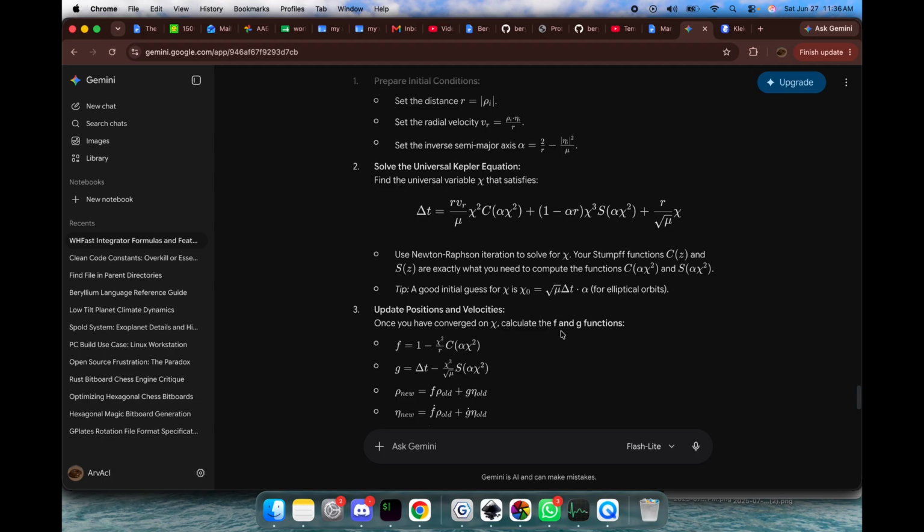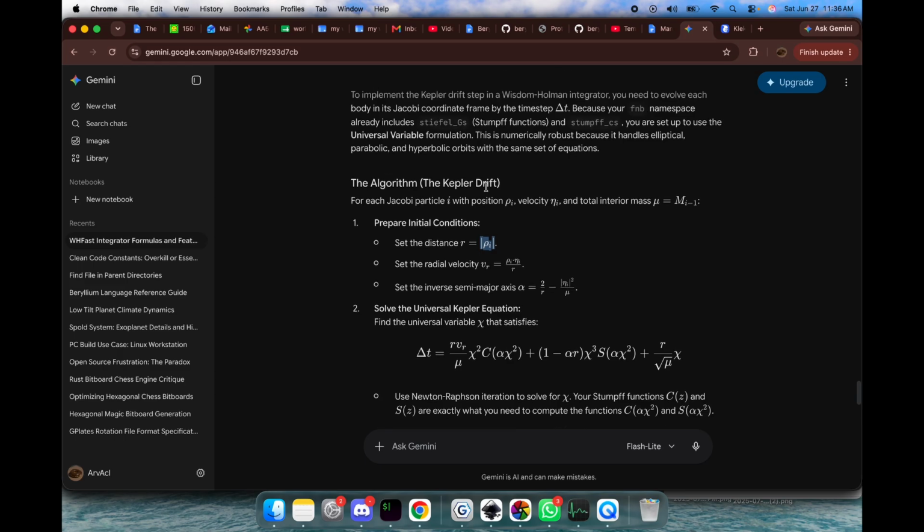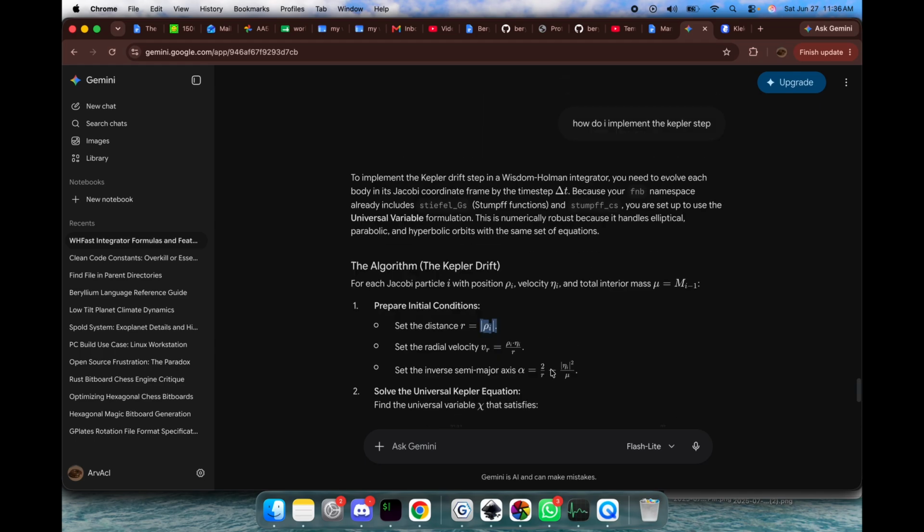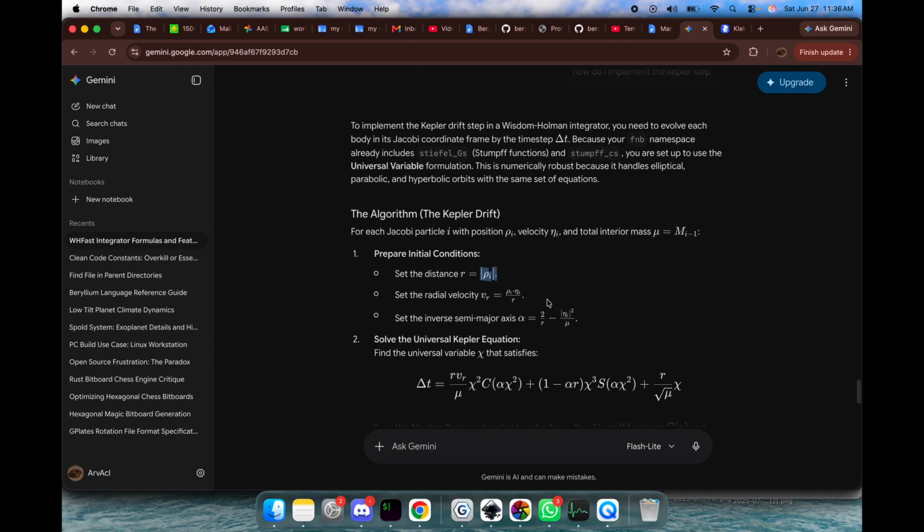So we have delta t equals this, and this. Okay. Set the distance r to this. Radial velocity is this. For each Jacobi mass, the total interior mass.